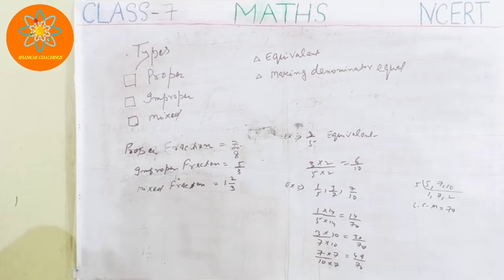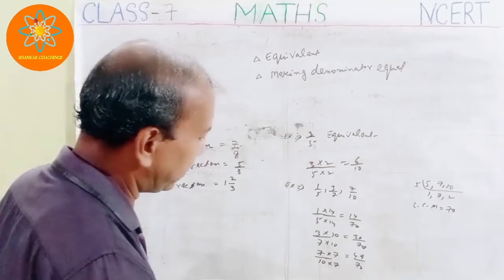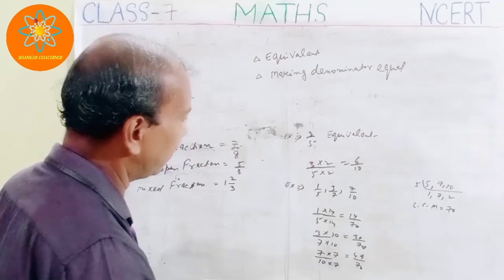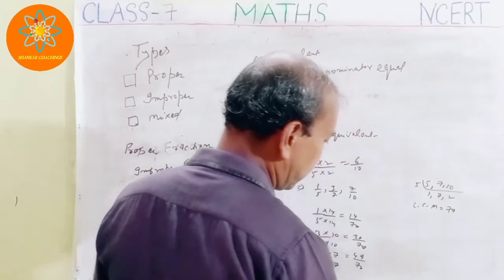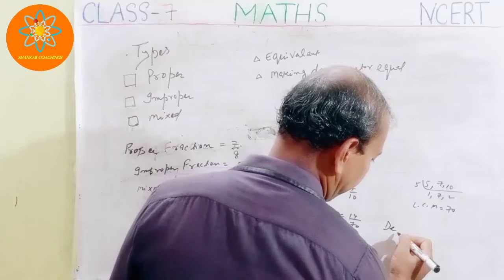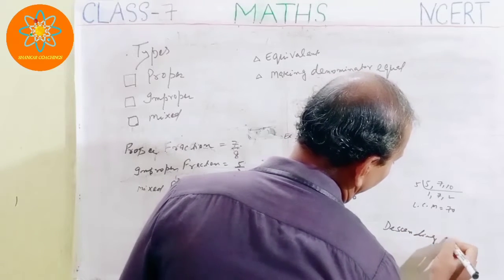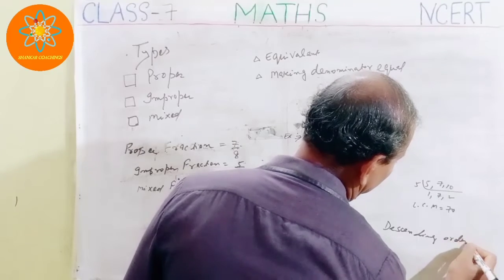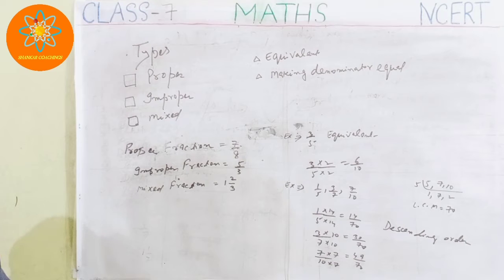So now I can arrange this in ascending or descending order. Let's suppose I want to represent this in descending order. Descending order means what?